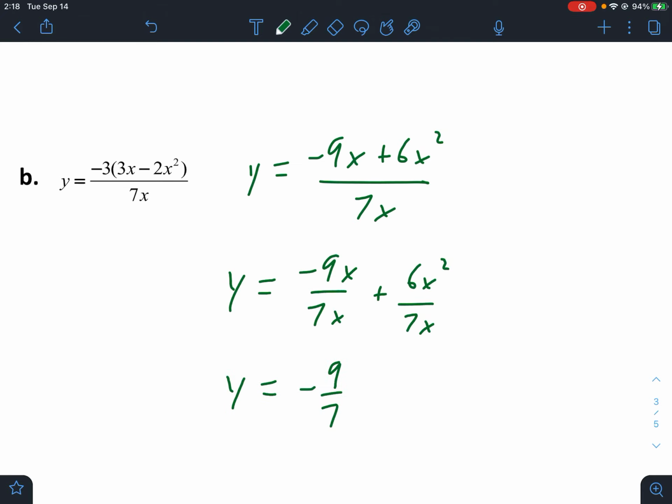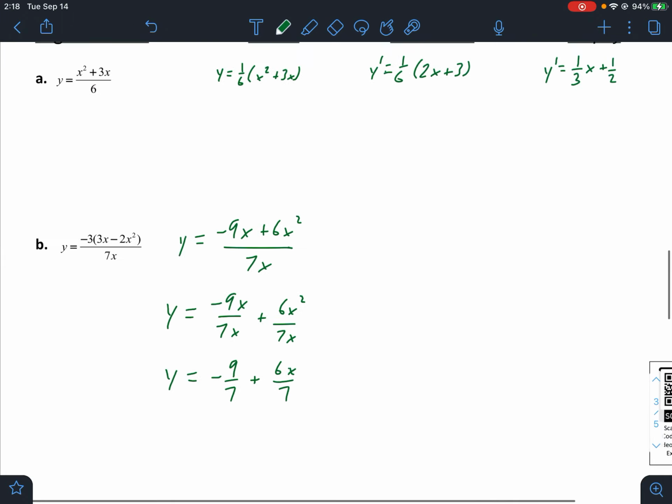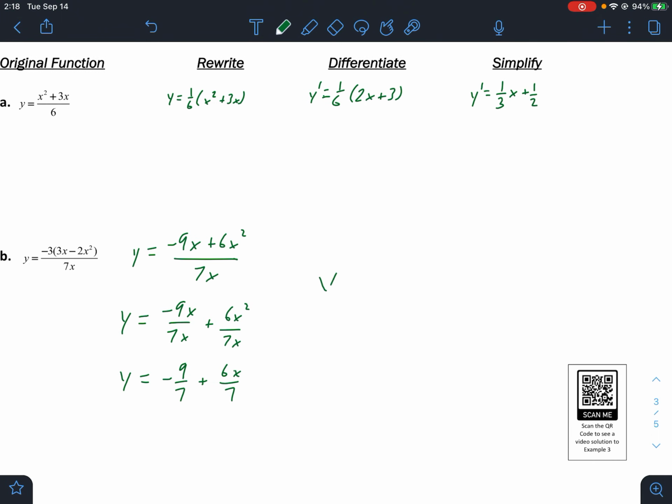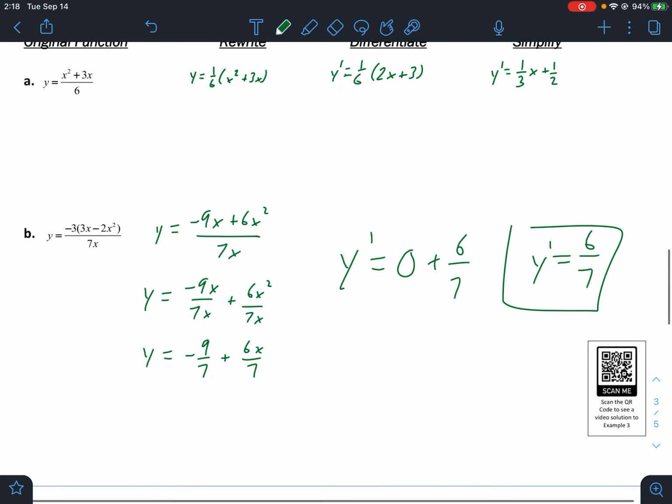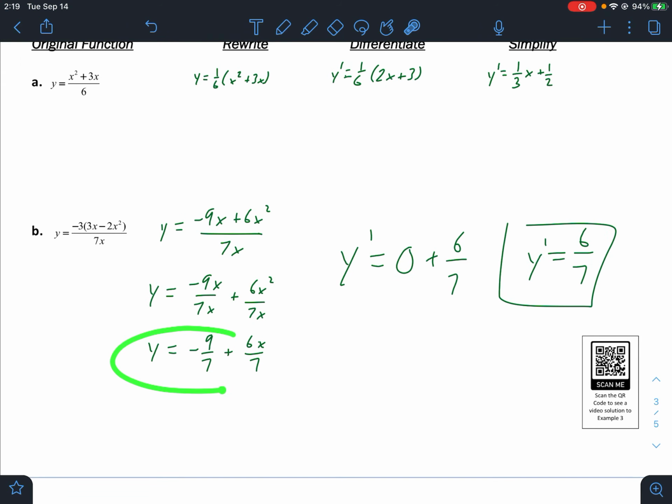So this gives us -9/7 plus 6x over 7. The derivative of that would be y prime equals 0 plus 6/7, or just y prime equals 6/7. Way easier to take the derivative of this than it would be to take the derivative of this. But in the end, you should get the same answer.